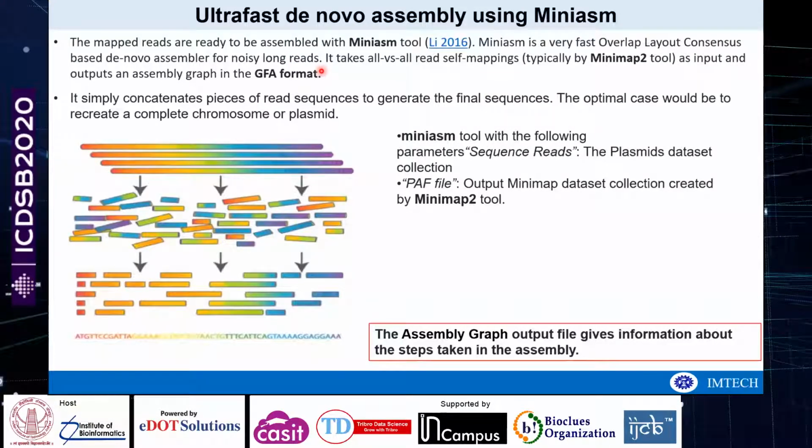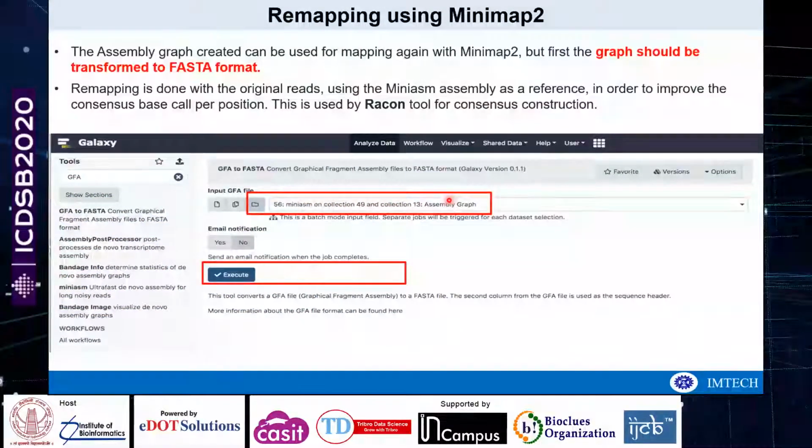After completion of this step, you will get an assembly graph. So what is the input? The input is the plasmid dataset file and the PAF file generated previously by Minimap2. So the assembly graph output will be generated.